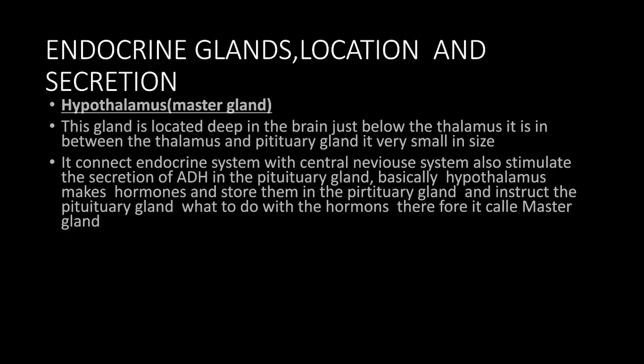This gland connects the endocrine system with the central nervous system. Recall grade 11, the central nervous system. It also stimulates the secretion of ADH in the pituitary gland. Basically, the hypothalamus makes hormones, stores them in the pituitary gland, and instructs the pituitary gland what to do with the hormones. Therefore, it is called the master gland.